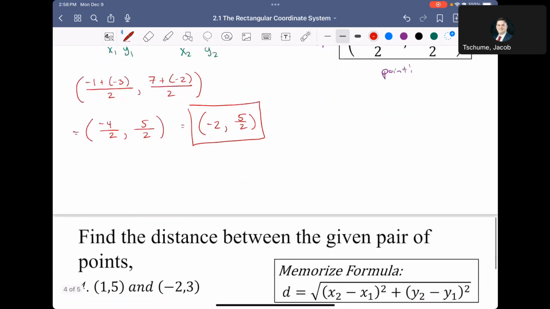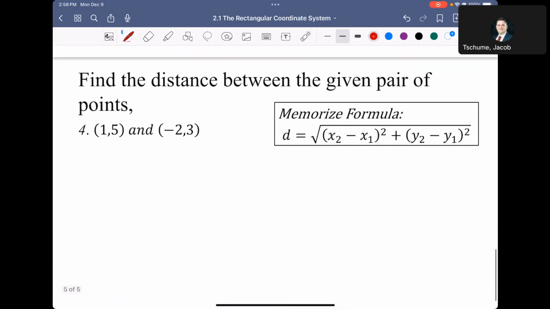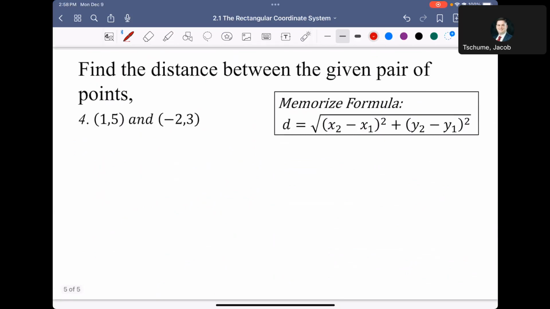The second formula I want to make sure you're aware of is we're also going to need to know how to find distance. So if you're given 2 points and you're asked to find how far those 2 points are away from each other, that's the same thing as calculating distance. Now, first thing I want to do is make sure you're aware of the formula and make sure you jot it down so you have it.